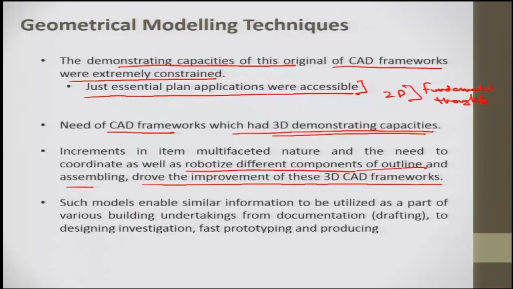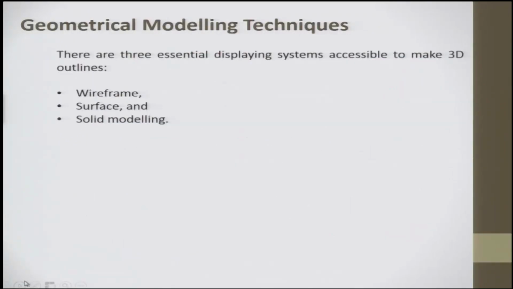Such models enable the same information to be used in various engineering tasks, from documentation, that is drafting, to engineering analysis and rapid prototyping and then production. So, there are three major kinds of models: wireframe model, surface model and solid models.